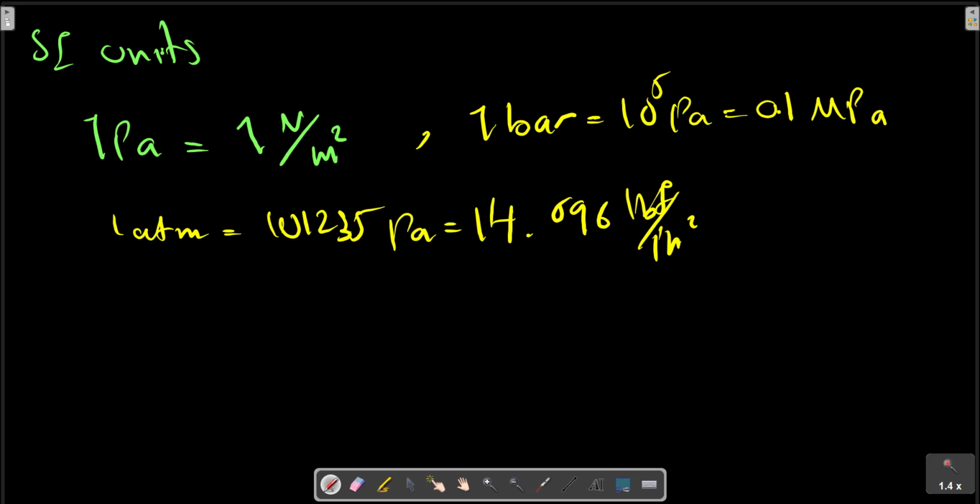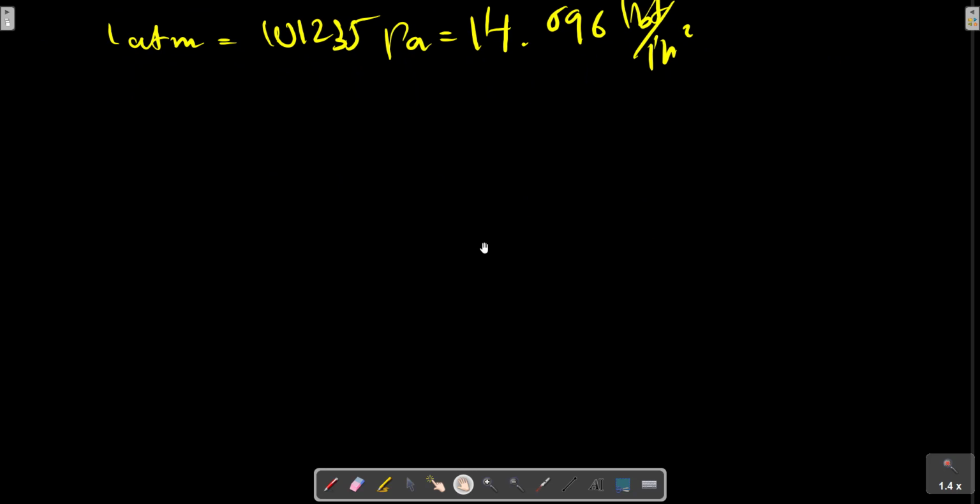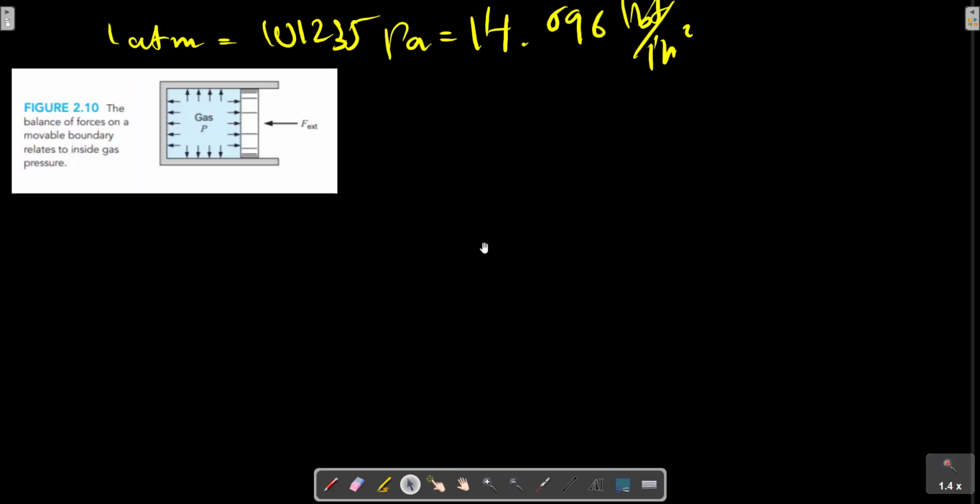Consider a gas in a cylinder here. A gas contained in a cylinder fitted with a movable piston as shown in this picture. The pressure exerted by the gas on all of the boundaries is the same, assuming that the gas is in an equilibrium state.